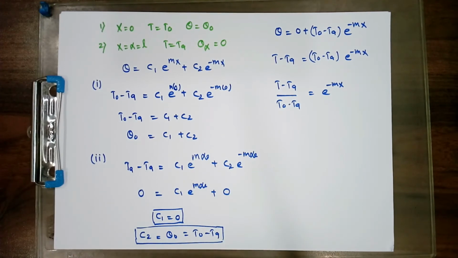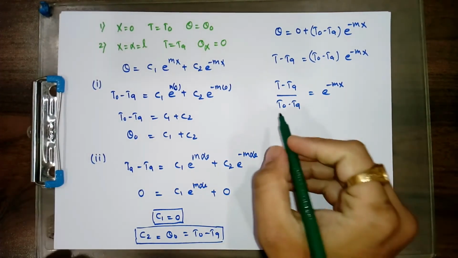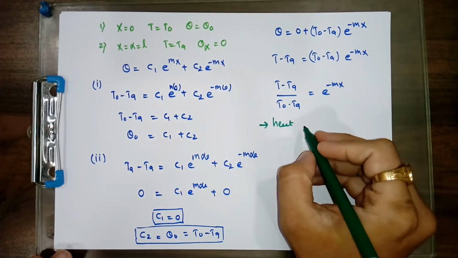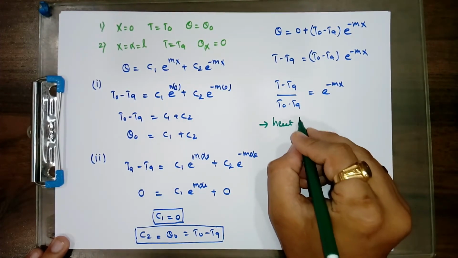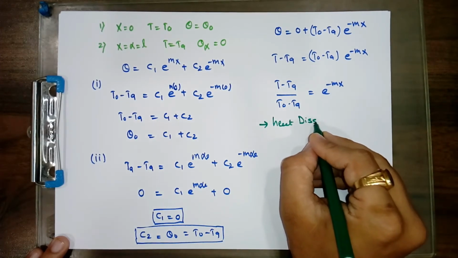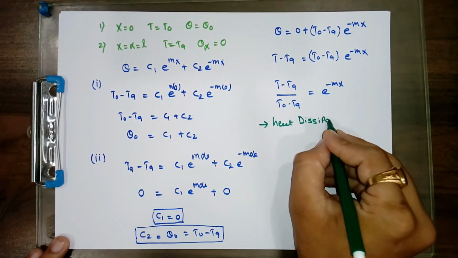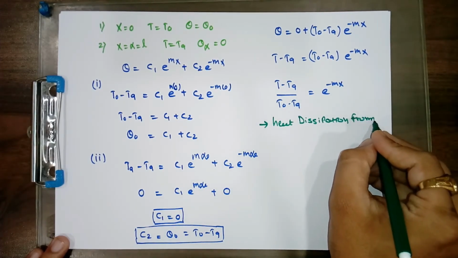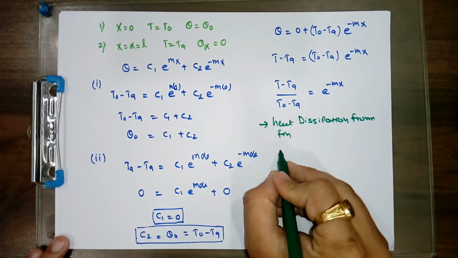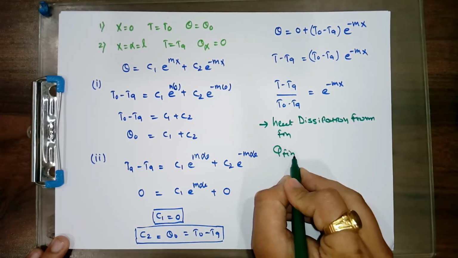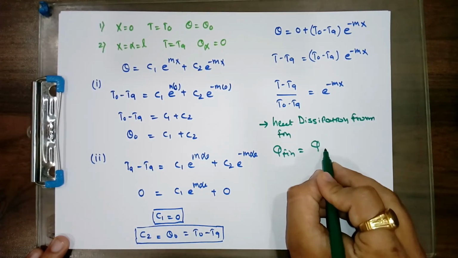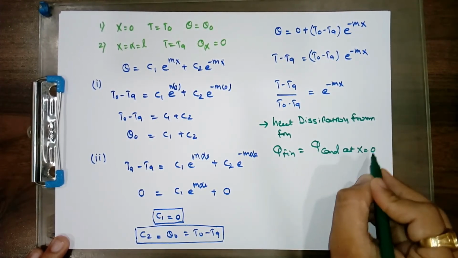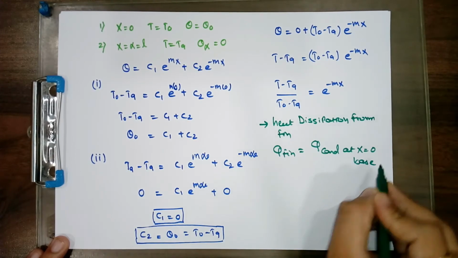So Q fin is the heat which equals Q conduction at x equals 0, or we can write, at base.